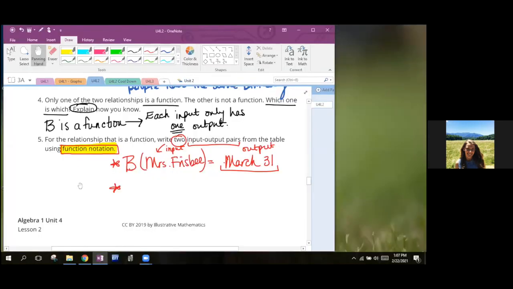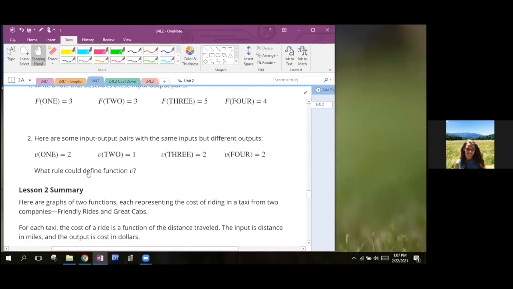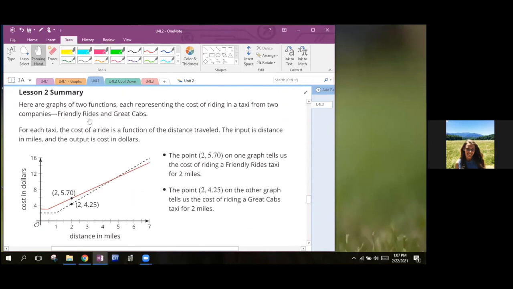All right. Now we have our lesson summary. It says here are some graphs of 2 functions, each representing the cost of riding in a taxi from 2 companies. So the 2 companies we're dealing with are Friendly Rides and Great Cabs. For each taxi, the cost of a ride is a function of the distance.